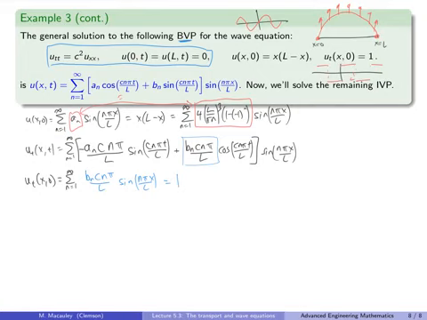We've also done this before in the past, so I'm not going to redo it. But what this ends up being is the sum from n equals 1 to infinity of 2 times 1 minus negative 1 to the n, over n pi, times sine of n pi x over L.